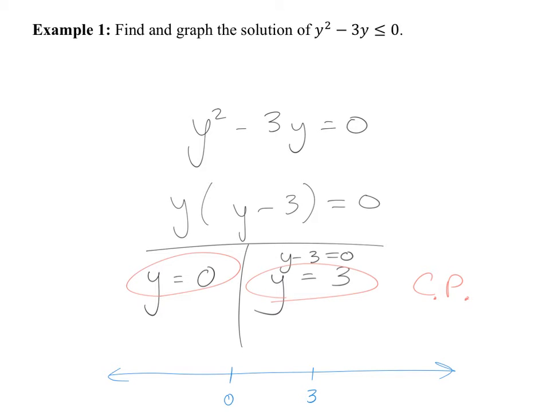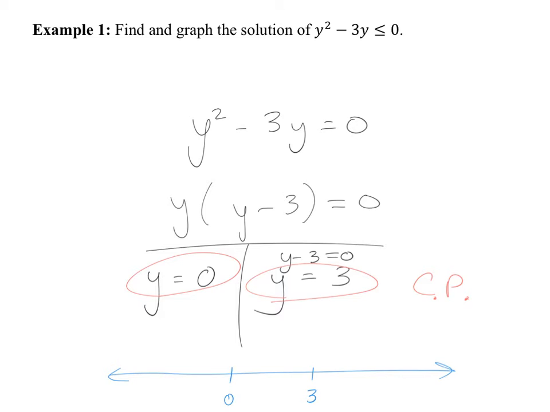Now, think of 0 and 3 as boundaries. How many regions are there on the number line now? If I have two boundaries, how many regions? 3. The first region is right here. The second region is right here. And the third region is right here.